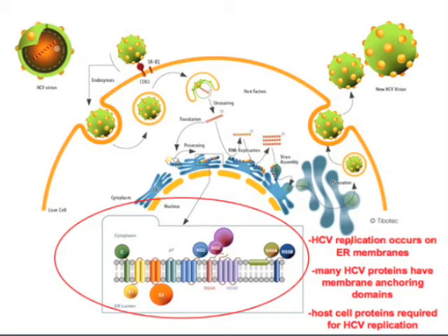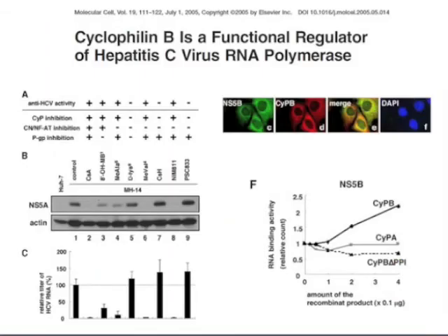It turns out that not only are the non-structural proteins required for virus replication, but host cell proteins are also involved in this process. And I wanted to tell you this story about cyclophilin B, which came out a couple of years ago. So it turns out that cyclophilin B actually enhances HCV replication by directly interacting with and affecting the activity of the HCV RNA polymerase.